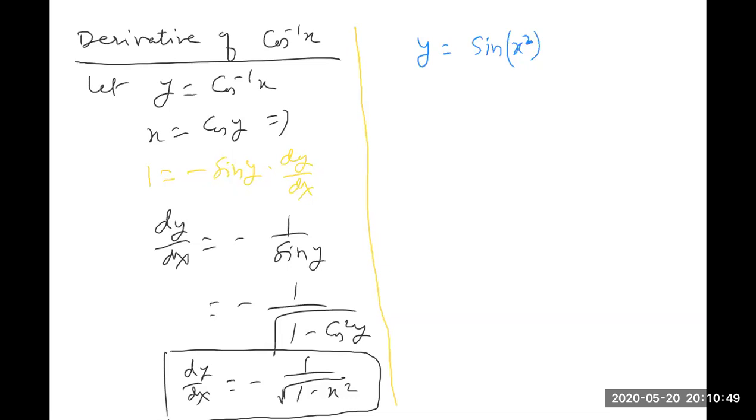Like this function. So here, remember, f(x) is sine of x square. So what will be f(x plus h)? This will be sine of x plus h whole square.